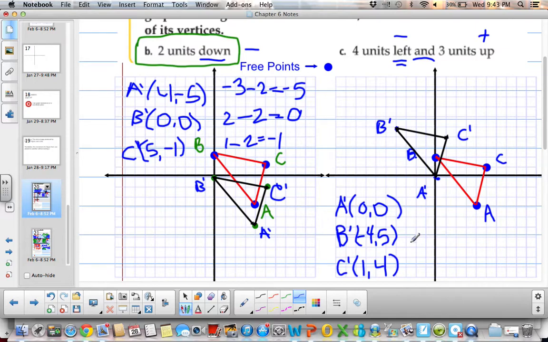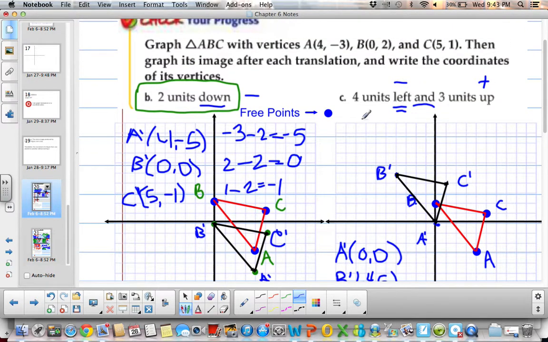Okay, so if we look at our points, we can see that we started with A is 4, -3. We're going to the left 4, so that means we're subtracting 4 for X. And we're adding 3 to our Y. So for every coordinate, that's what we're doing.